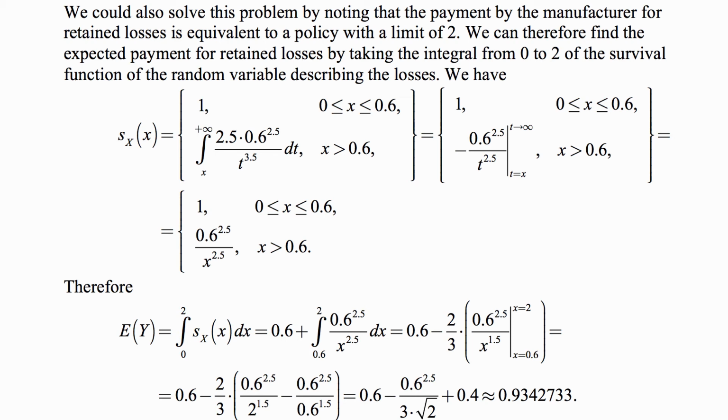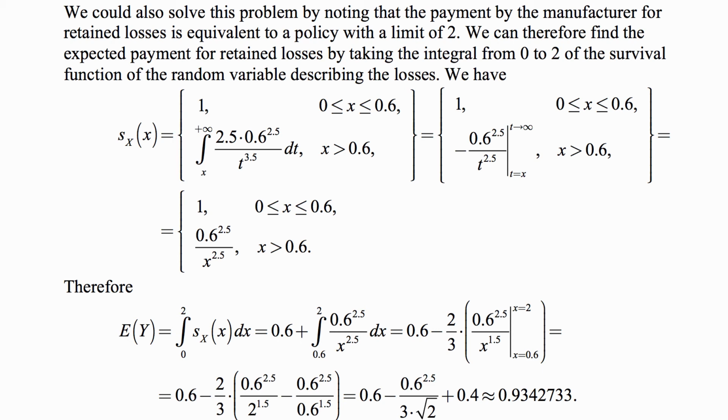And then it becomes the integral from x to plus infinity of the density that we have, which is 2.5 times 0.6 to the 2.5 over t to the 3.5. I'm using t because x is used for one of the limits of the integral, dt, for x more than 0.6. So we take the integral of this function that we have there.